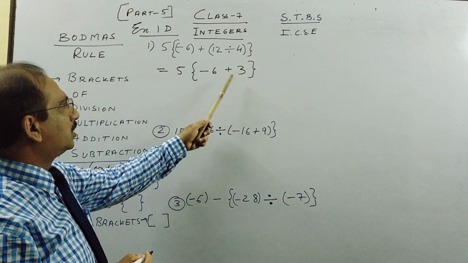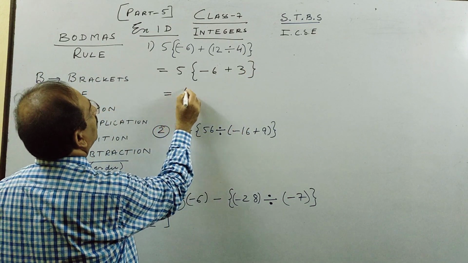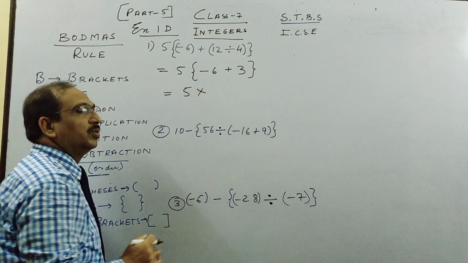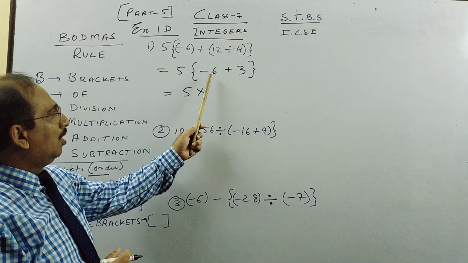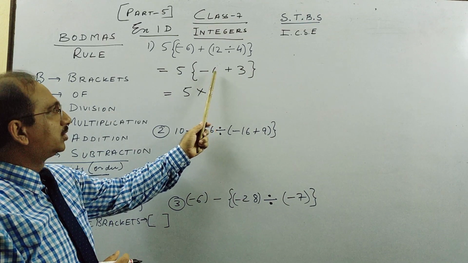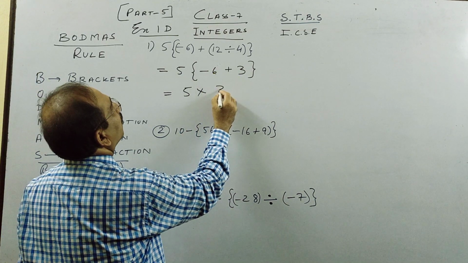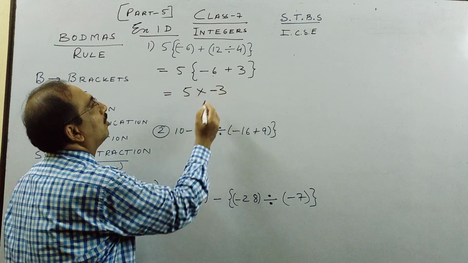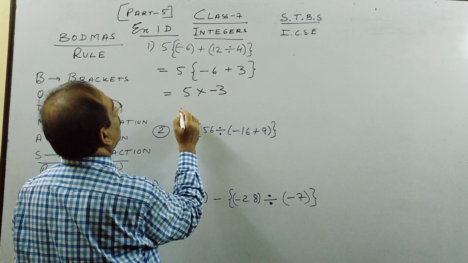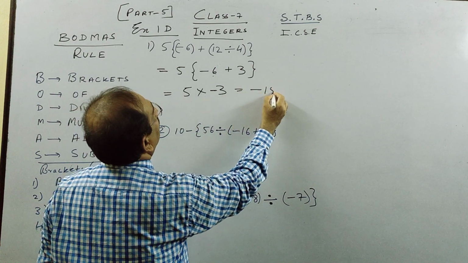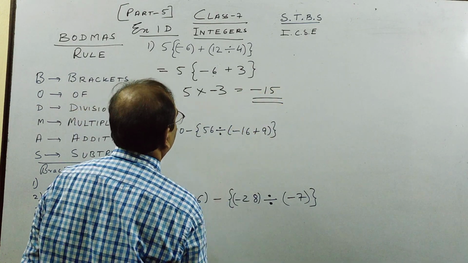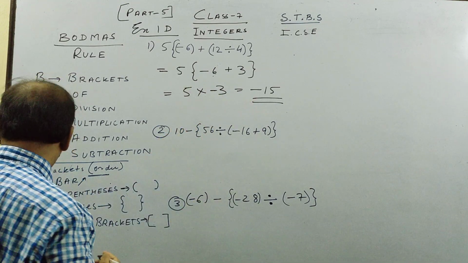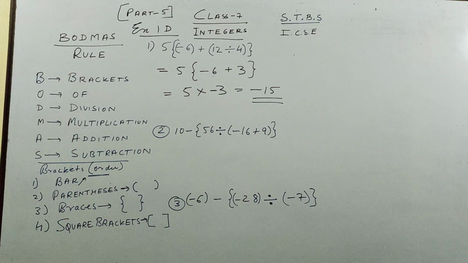So both small brackets go. Finally what we have is 5 into minus 3. You have seen my previous video: minus plus, what we do, subtract the smaller from the larger, and put the sign of the larger. So finally we get minus 15.